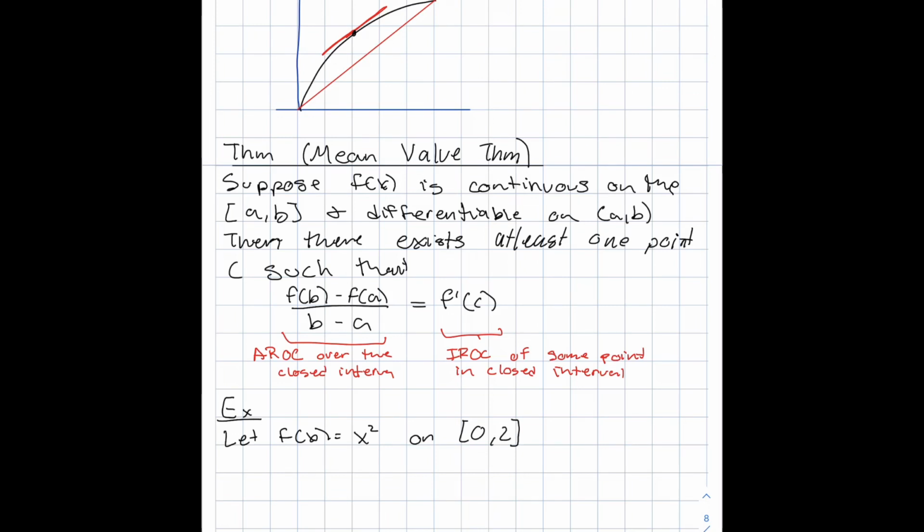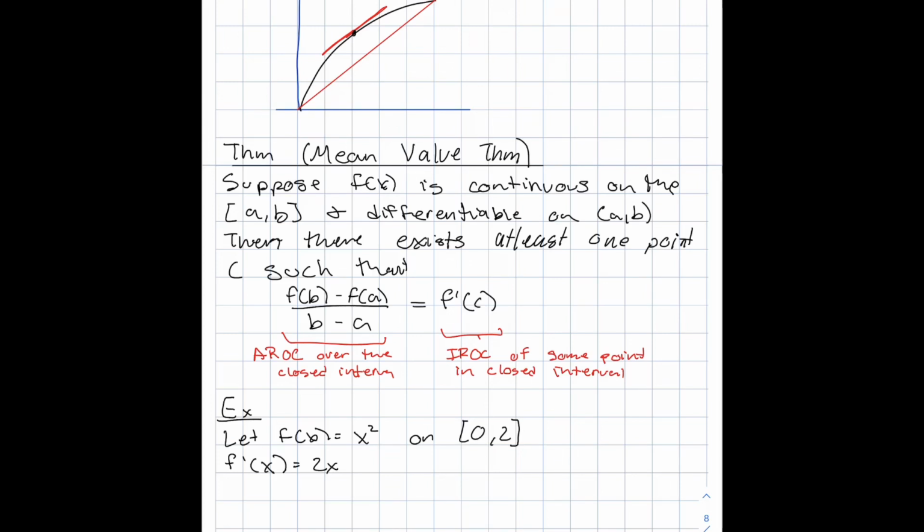So we're going to find that point c such that the average rate of change over 0 and 2 equals the derivative at that point. So f prime of x is going to equal 2x. We know that from the power rule.